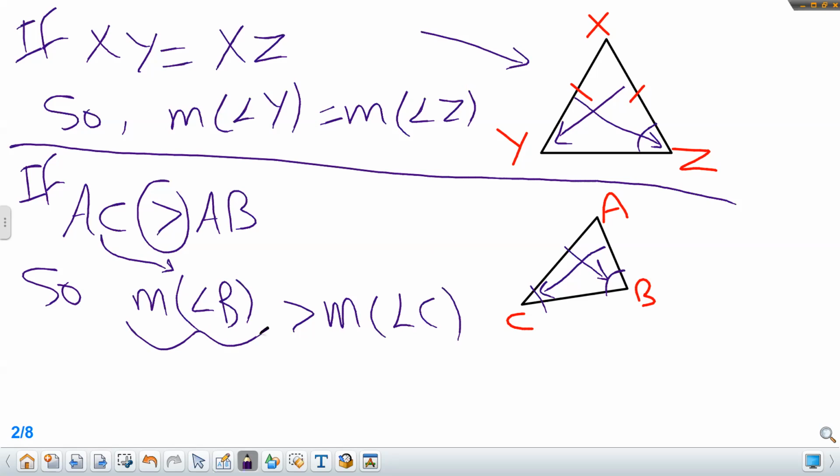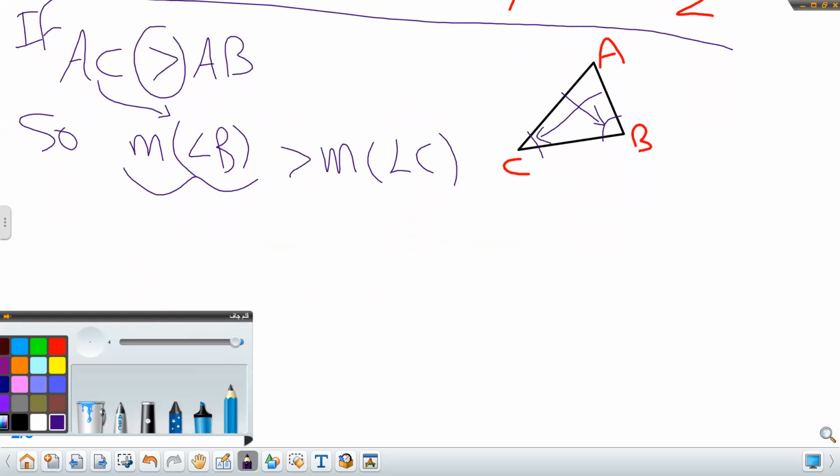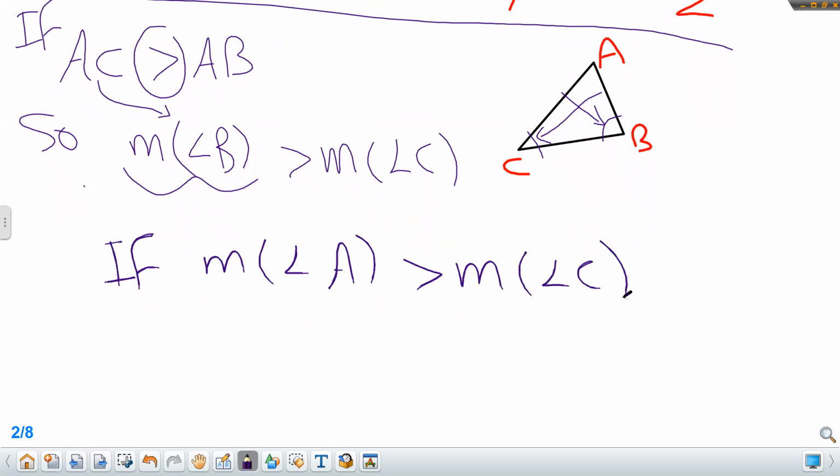The same idea applies if we said measure angle A in this triangle is bigger than measure angle C. Two unequal angles lead to two unequal sides.